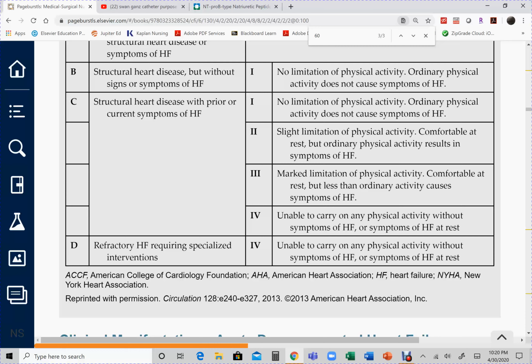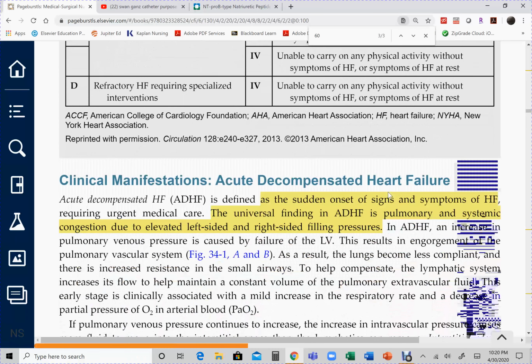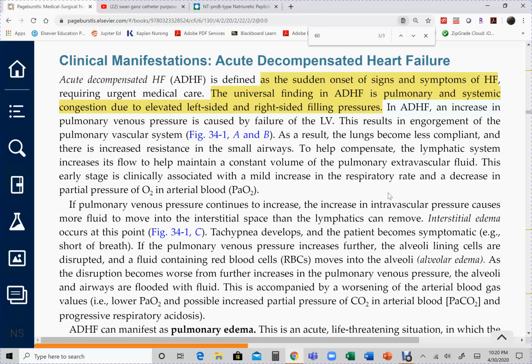Okay, so that's an example of a possible question on this one. Okay, now let's go to signs and symptoms. Now, I mentioned that heart failure is a chronic condition. There is treatment, but no cure.